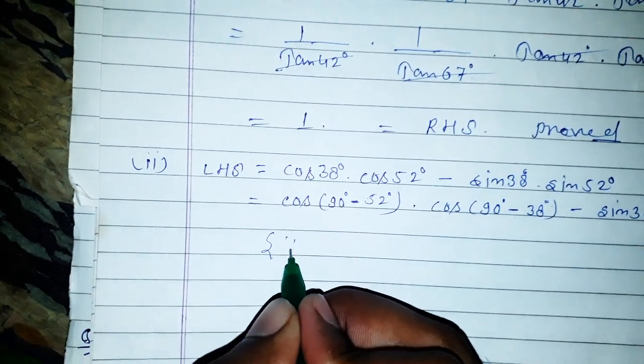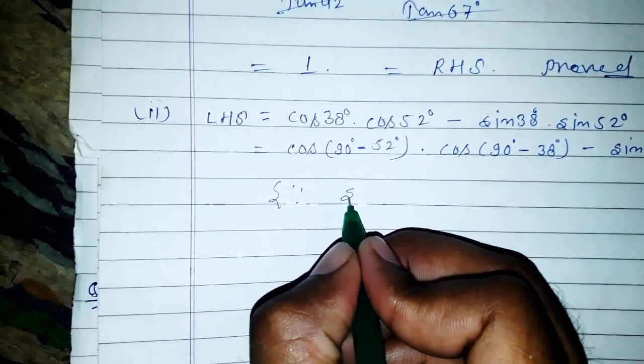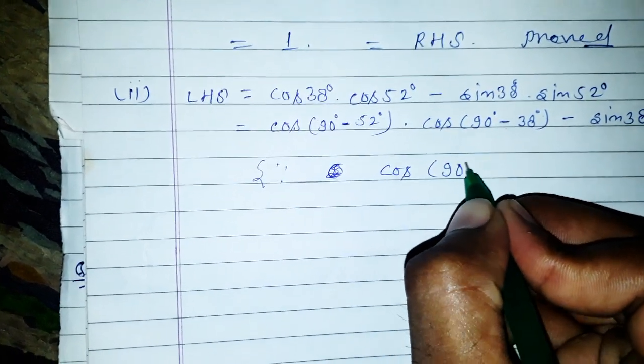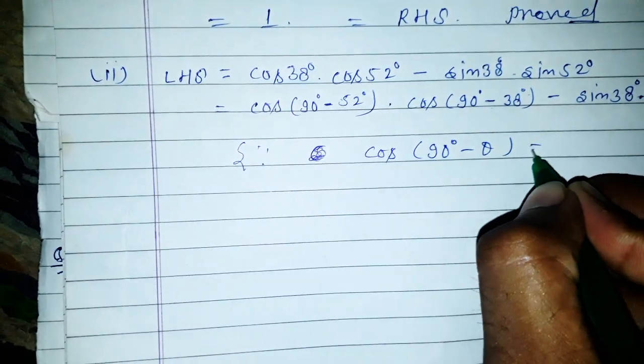And write down this formula here: cos 90 minus theta is equal to sin theta.